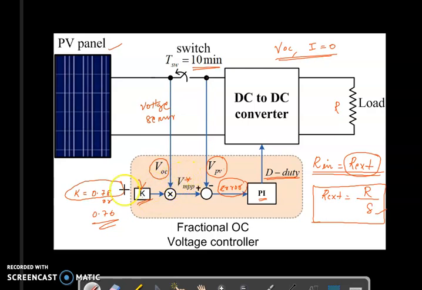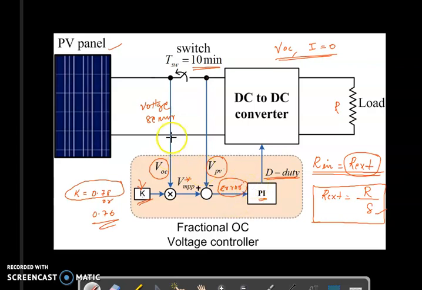Whatever the value, K is fairly equal to 0.78 to 0.76. If you multiply these two, you get the reference value. When you compare the reference value with the actual voltage across the panel when it is connected to the load, it produces an error that is fed to the PI block. The PI block always tries to make this error 0. This is the working principle of fractional open circuit voltage control.